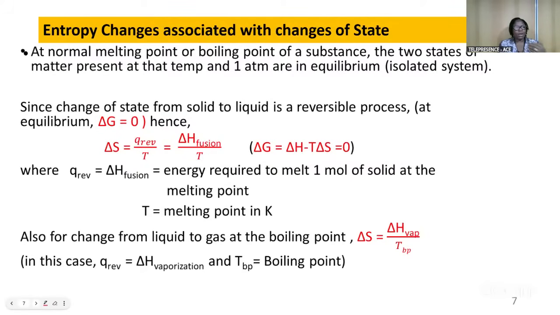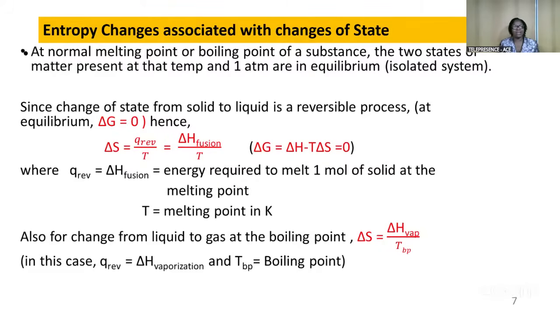Now, if you look at a normal melting point or boiling point of a substance, we are going to consider two states: the state in which it exists as a solid before it melts, and then when it melts, a different state, which is liquid. And so at normal melting point or boiling point of a substance, the two states of matter present at that temperature and 1 atmosphere are in equilibrium. So there is a point in which both solid and liquid will exist together. And that equilibrium point is also very vital for us.